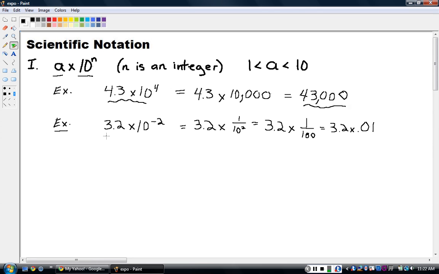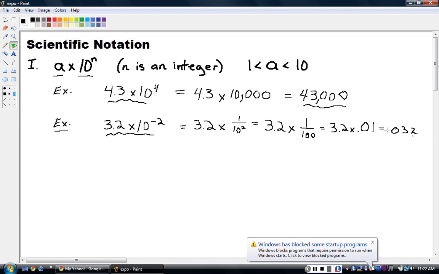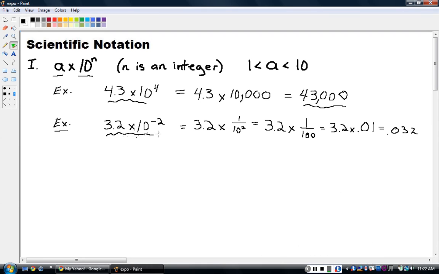So this scientific notation right here means the same thing as 3.2 times 0.01, which I'll show you how to do. You might be figuring it out already. It's the same as the number 0.032. We don't like these numbers, so we're going to use scientific notation as a standard way. You'll see that a lot with really big and really small numbers.